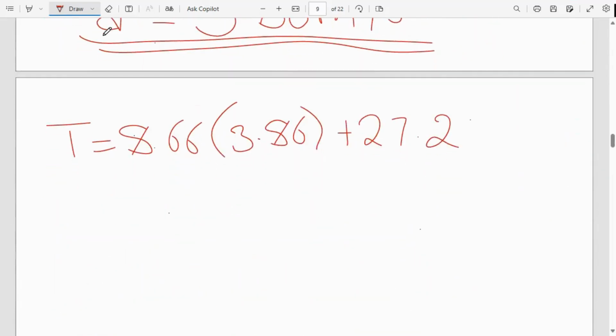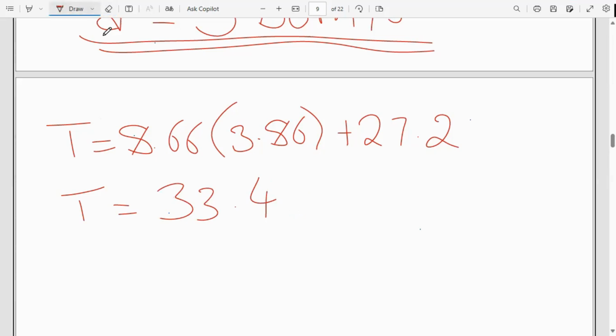So 8.66 multiplied by 3.86 is giving me 33.43 rather, 33.43, plus 27.2.